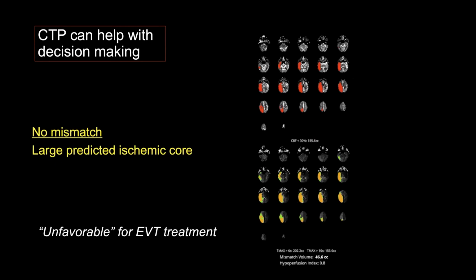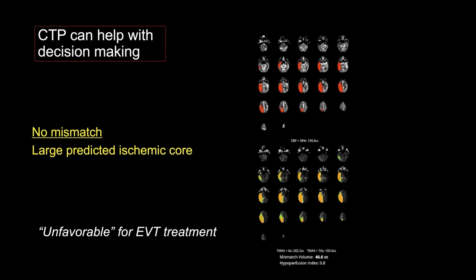What about this example? Here we have a large core, almost 155 cc's, the entire right MCA is wiped out. Equally large penumbra. So this is a large predicted ischemic core and unfavorable for endovascular treatment just based on the CTP.